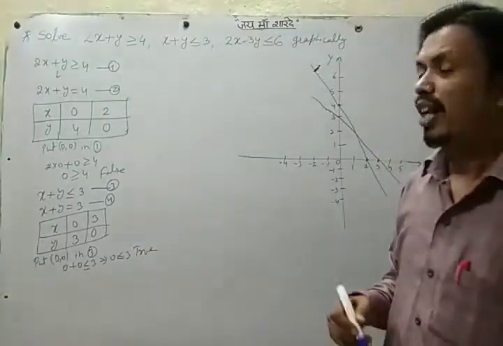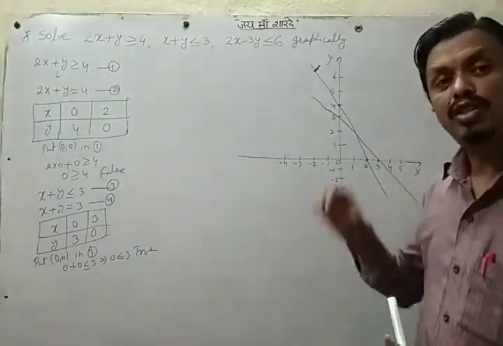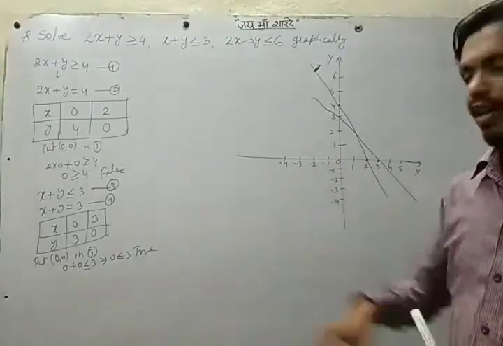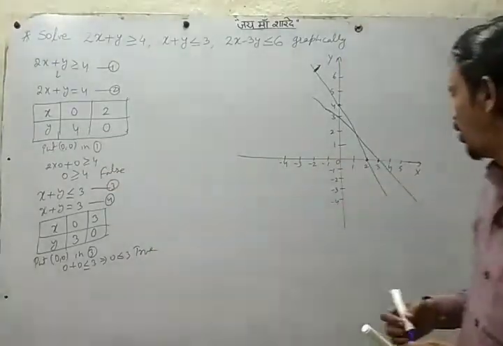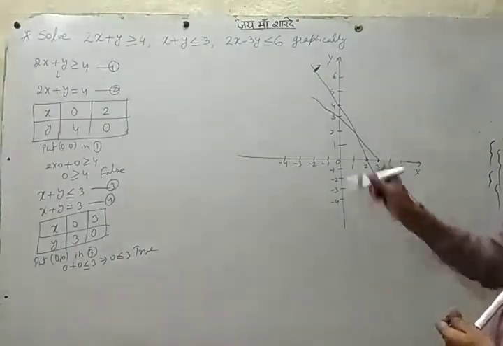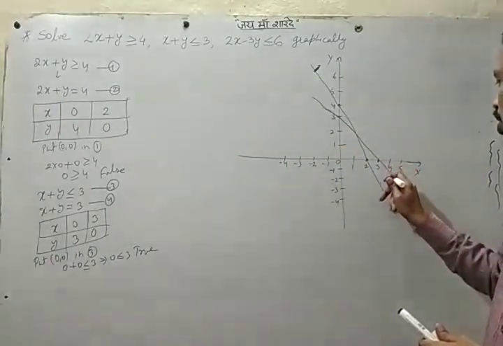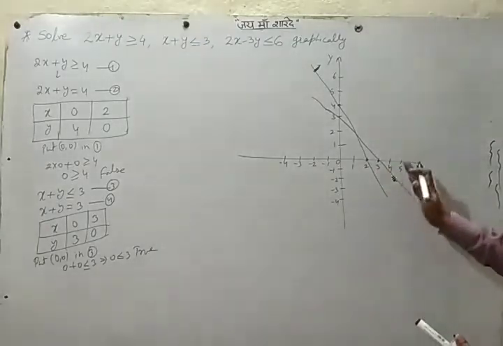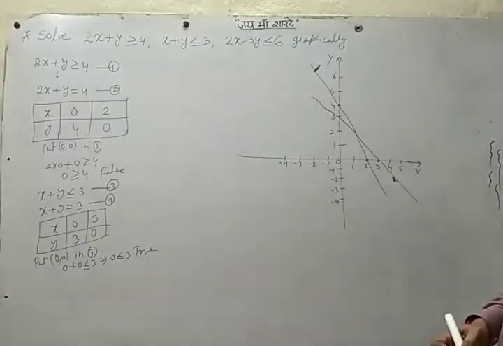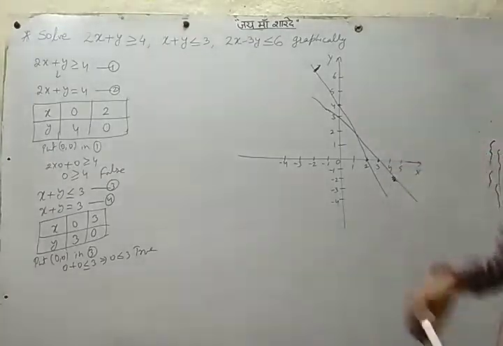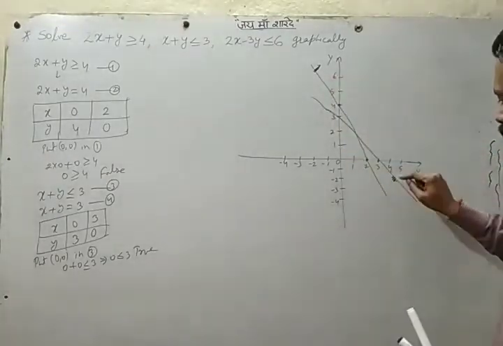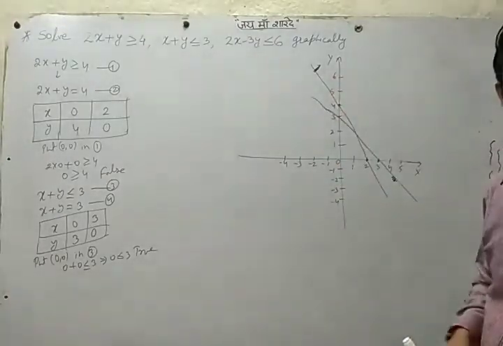So the half plane where (0, 0) lies will be our required solution for this inequation. Where is (0, 0)? This side. So we can draw like this, and this part is our required region. We can use different ink also to show the region for each given inequation.